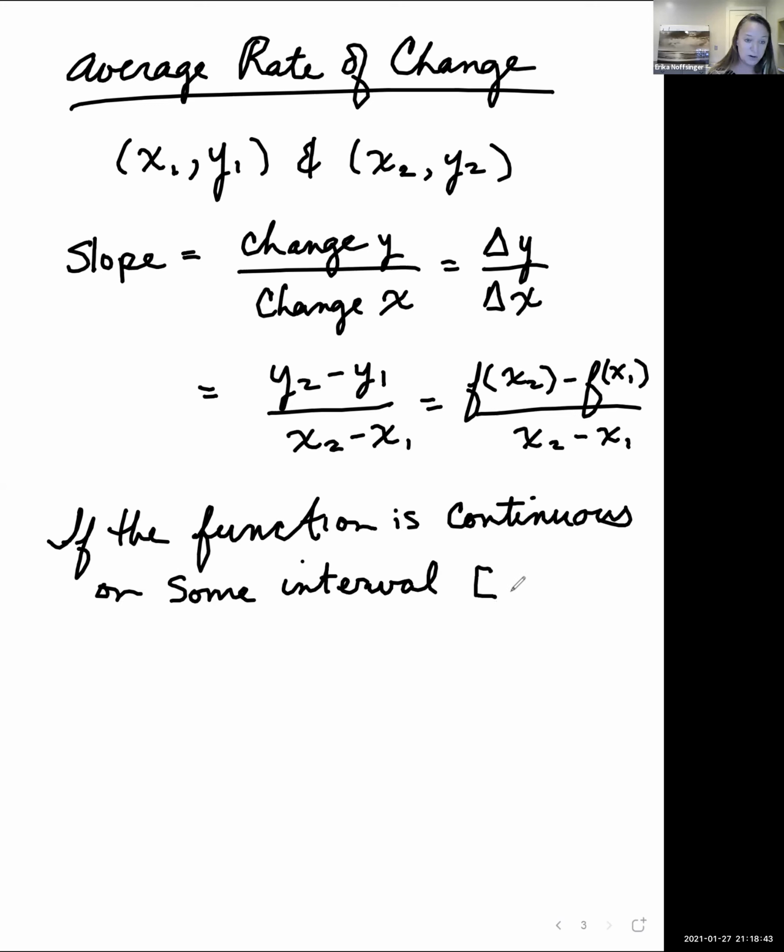And so I'm putting a bracket here and then a comma b bracket. So basically that's saying it's continuous from all the x values of a, including, all the way up to the x value of b, including.